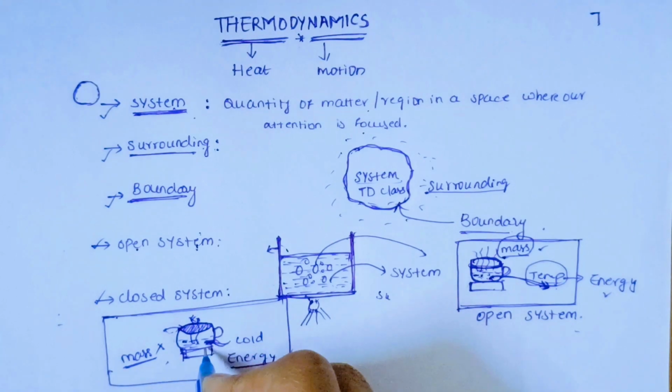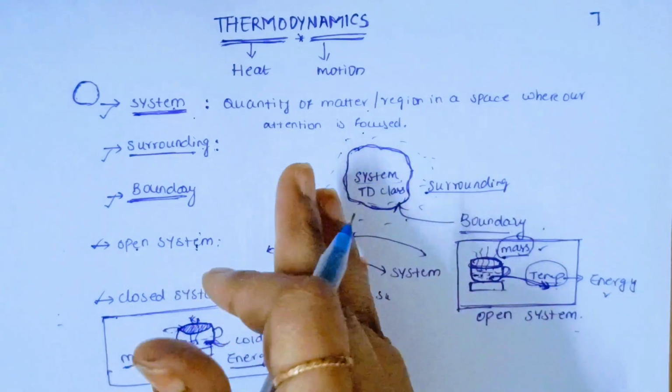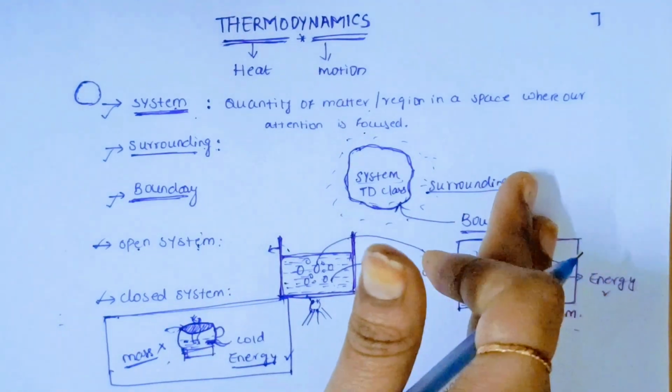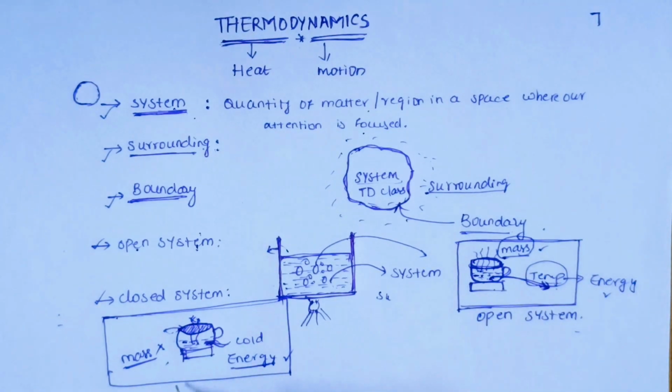In a closed system, heat transfer and work transfer take place between the system and the surroundings. Understood? Okay, this is the definition for a closed system.